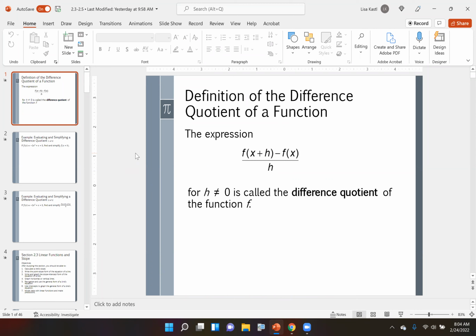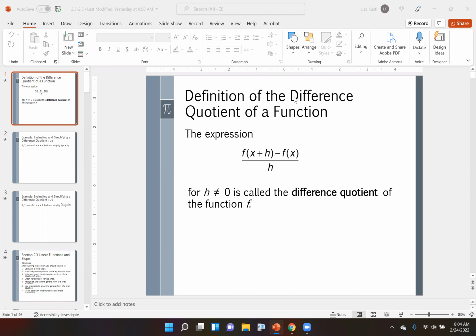When we left off last Thursday, I didn't have time to do the difference quotient. I said that the difference quotient is extremely important. My assumption is all of you are moving on in mathematics. That's why you're taking college algebra.